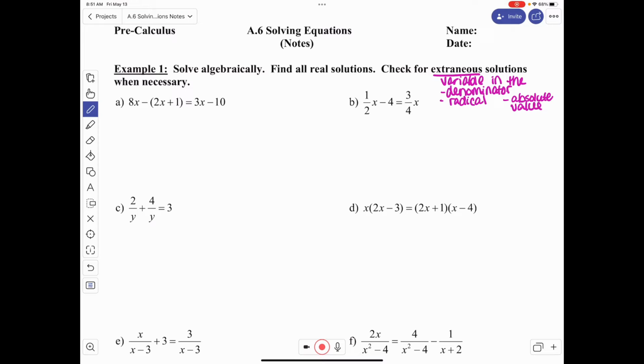Okay, so those are the times that we're going to need to check for extraneous solutions. Those are 3 times today.